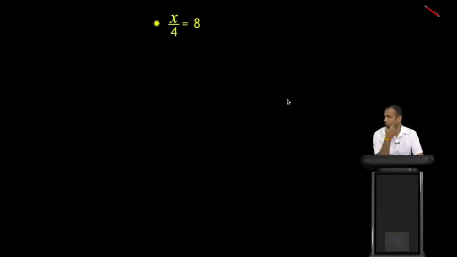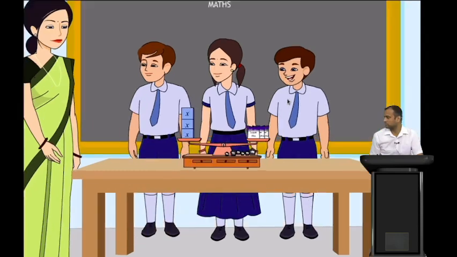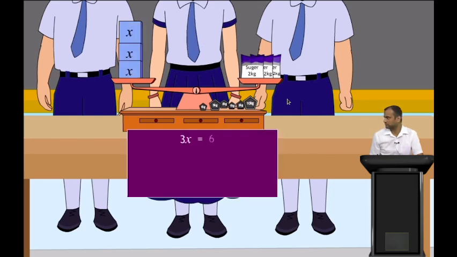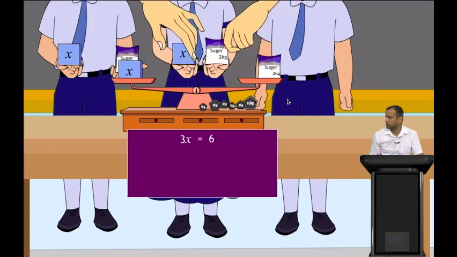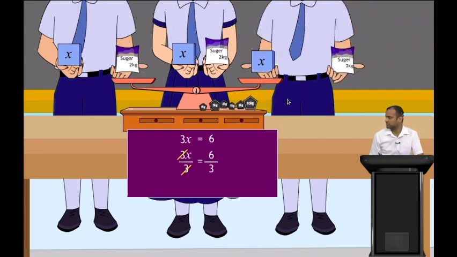Now in this equation, what do we have to multiply? Yes, it is 4. In this equation, multiply with 5. If we have 3x equals 6, this is the equation, and if we divide by 3 on both sides, we get equals.